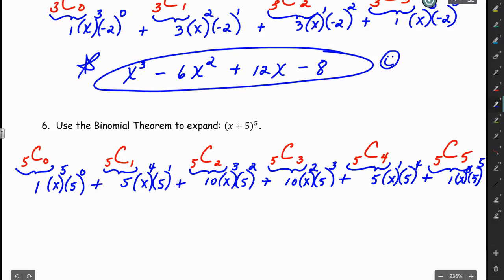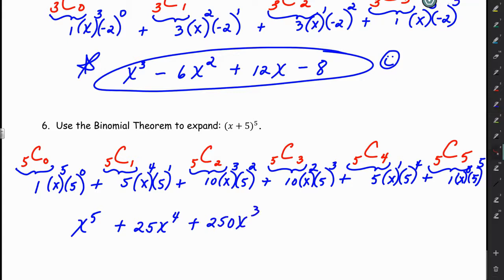Simplify. So the first term is x to the 5th. The next term we have 5 times 5, so that's going to be 25x to the 4th. Next term is 5 squared times 10, 25 times 10, that's 250. The next term we have 5 cubed times 10, that's going to give us 1250.